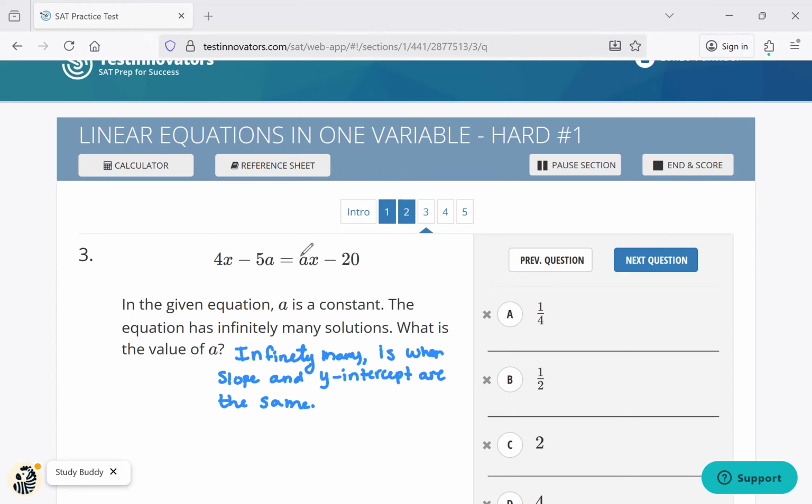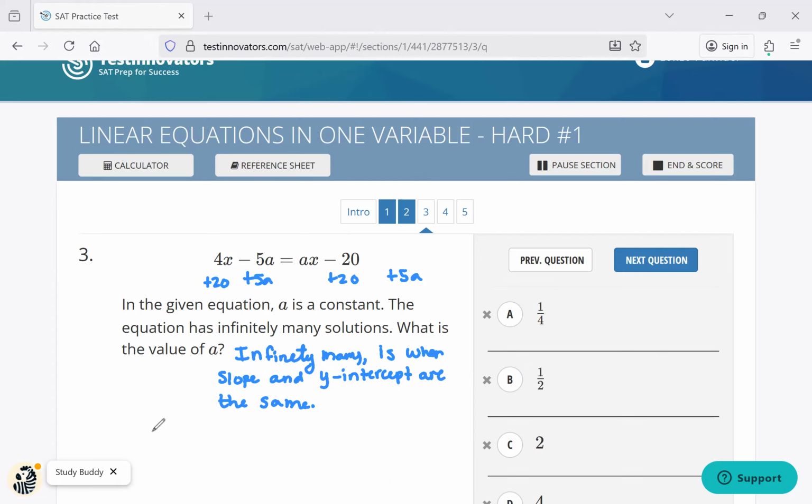Okay. This is a way, it's not, what I would do is, what would I do? There's a's here and an a there. Why don't I just get it all on one side? Yeah, let's get all the a's on one side. So maybe I will move this negative 5a to the right by adding 5a. And then maybe I will get this negative 20 to the left by adding 20.